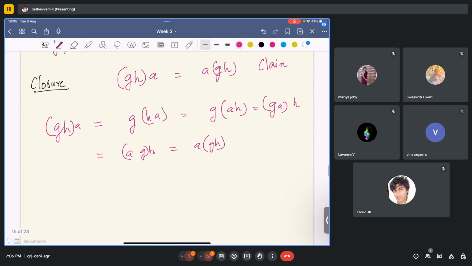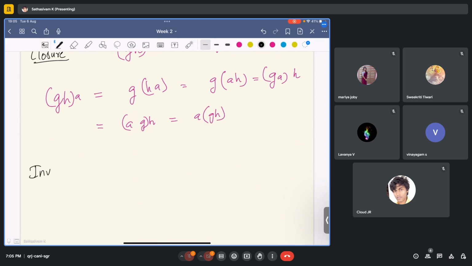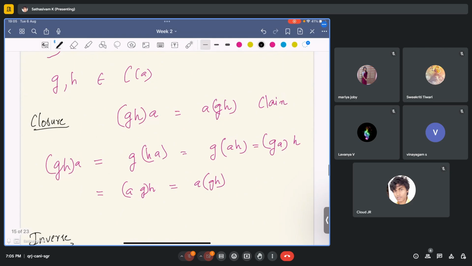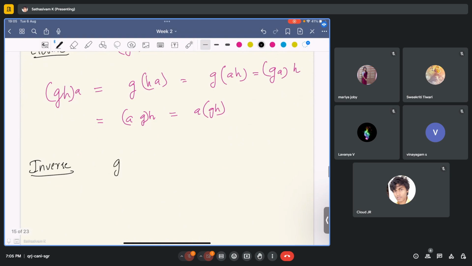Okay, so what is the other property you want to prove to make it a subgroup? You want to prove the inverse, right? So inverse is a little bit of a tricky one. Let's see if we are able to do that. What we know is, let's say G belongs to the centralizer of A. This is the same as telling GA equals AG.